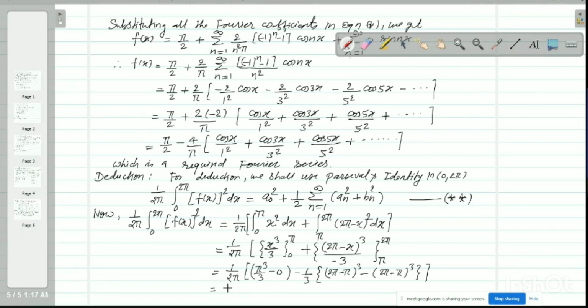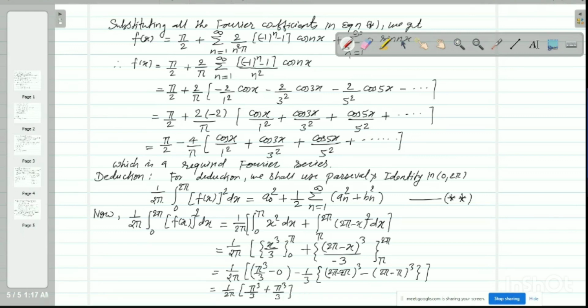So this is 1 upon 2 pi, and this is pi cube by 3 minus this term. At the upper limit 2 pi minus 2 pi, so this term will be 0. Minus, here plus, so here you will get pi cube by 3.